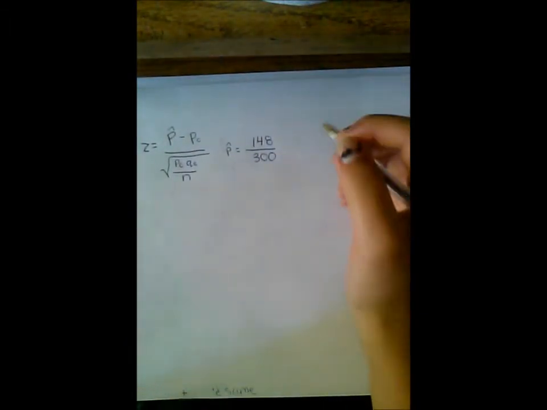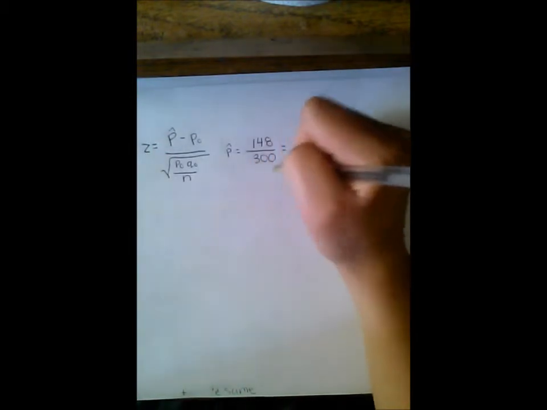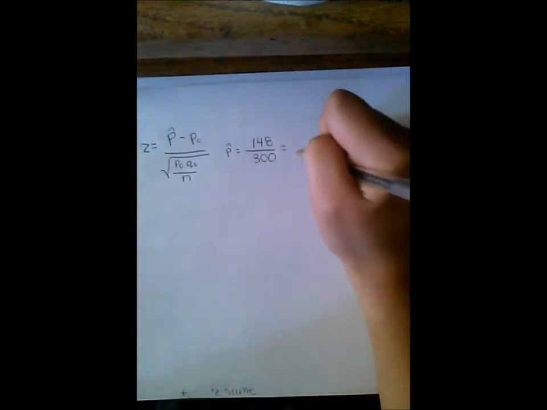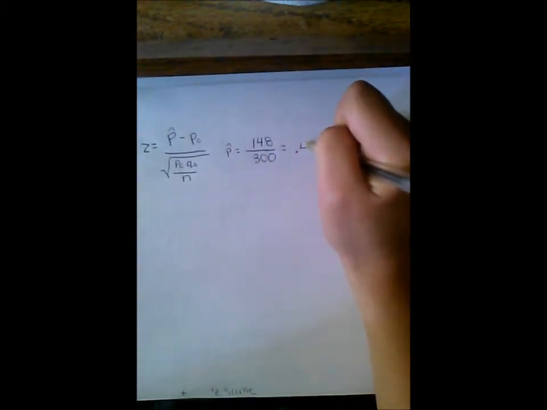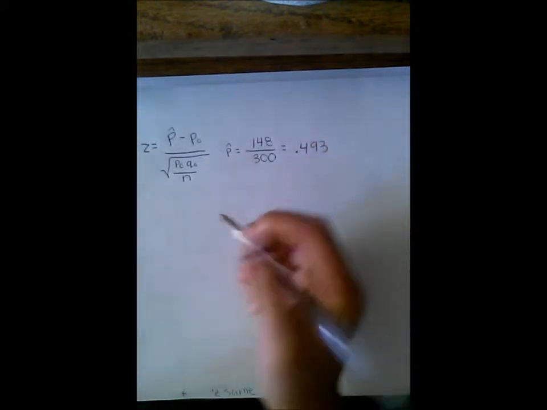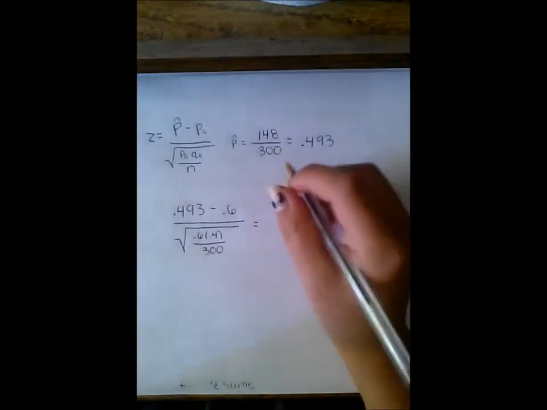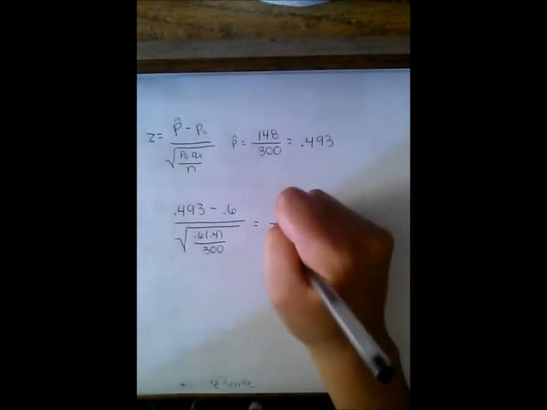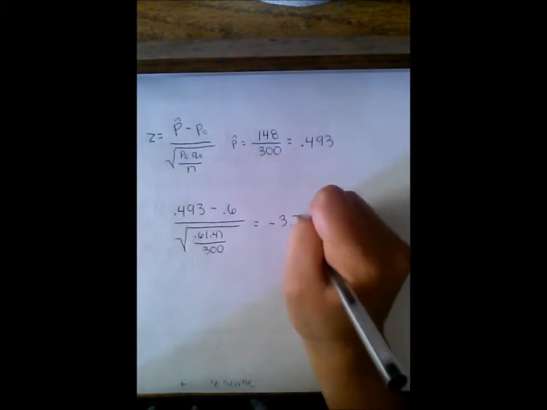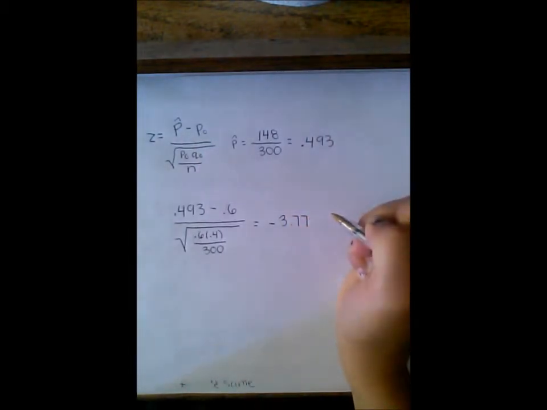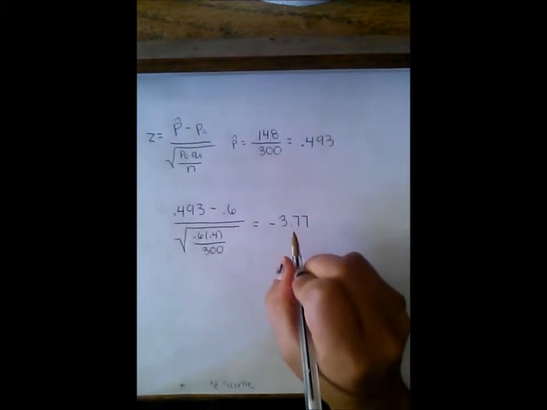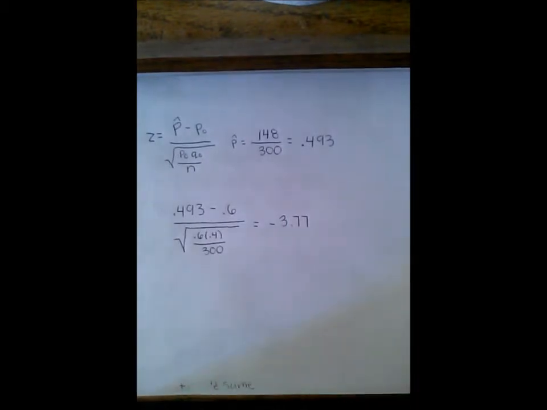We plug this into the calculator and we end up with 0.493. All right, so let's put that in. If we plug it into a calculator, the answer would be negative 3.77. And then we need to find our p.